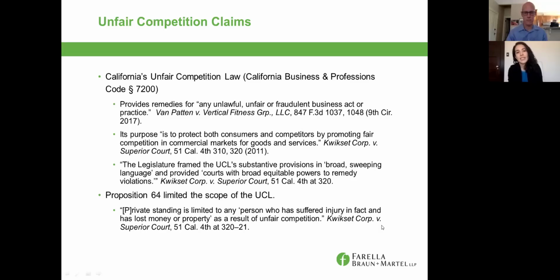Now there's a standing requirement that a person has to have been injured in fact and lost money or property as a result of the unfair competition. So in theory, this limits the availability of UCL claims.